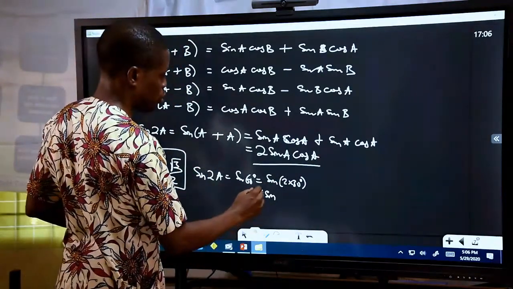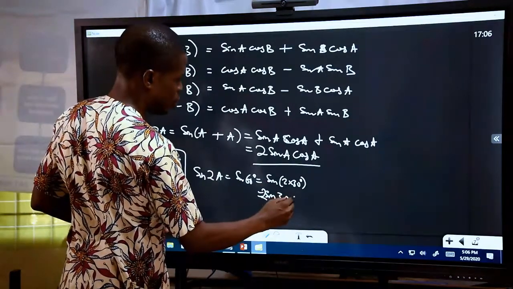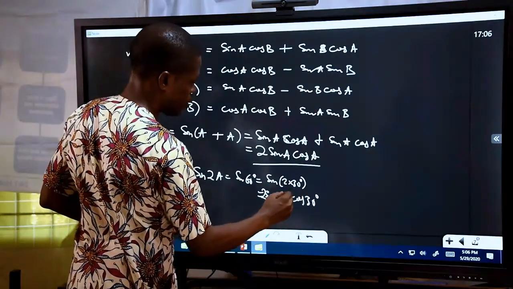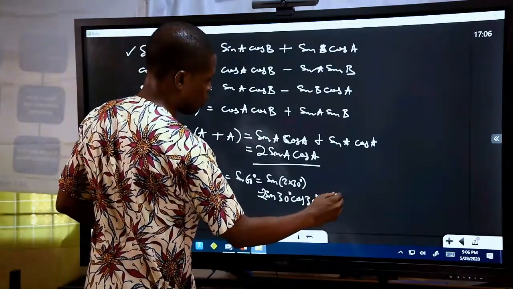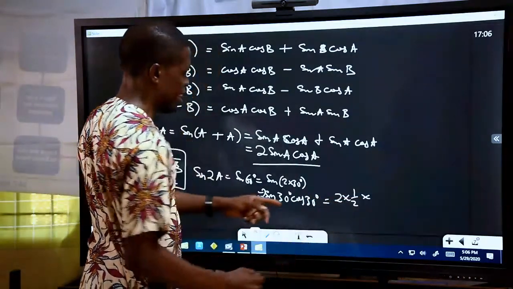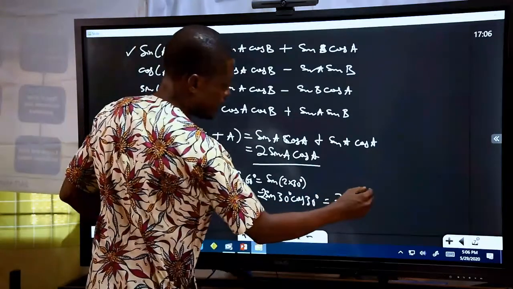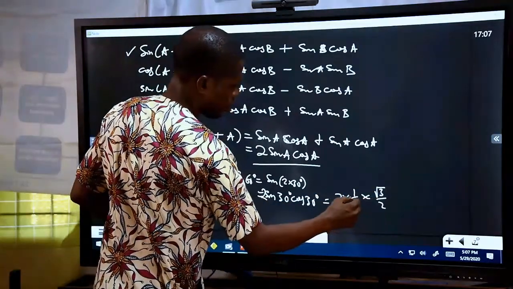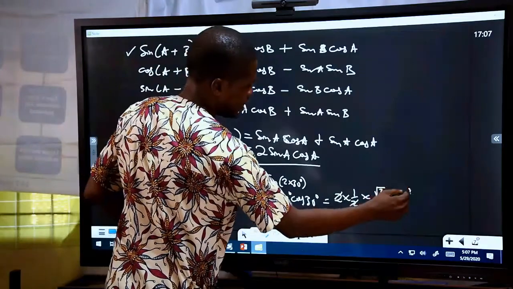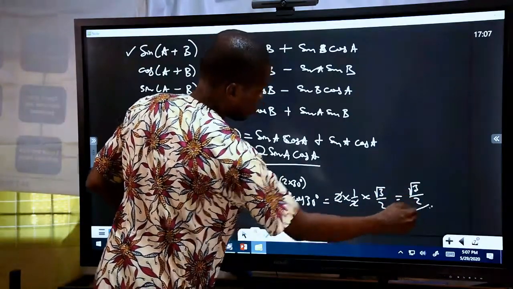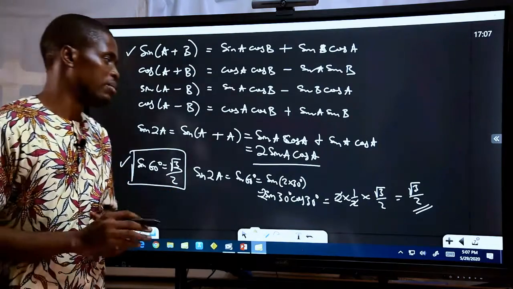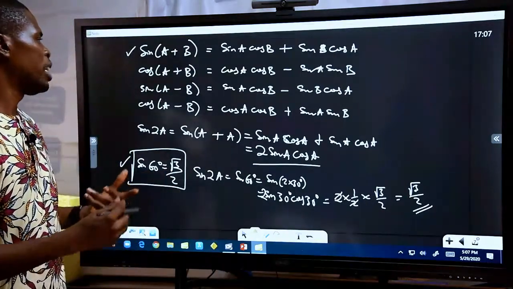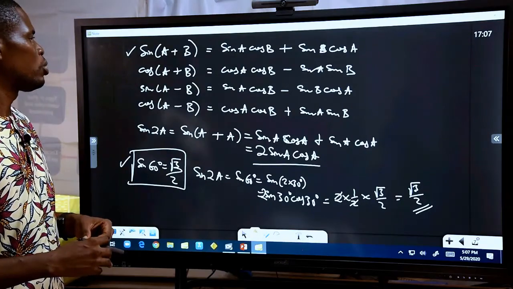Sine 30 is half, so we have 2 times half, and cos 30 is root 3 over 2. So 2 cancels 2. The answer is root 3 over 2, the same answer as sine 60, exactly the same. So you can solve for others and check and see how the values also vary.